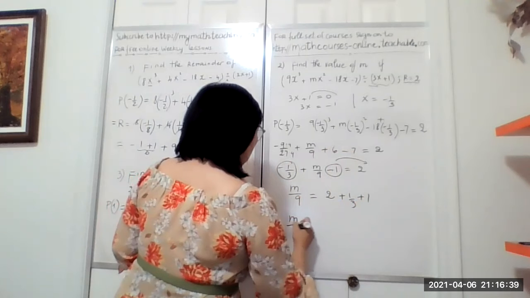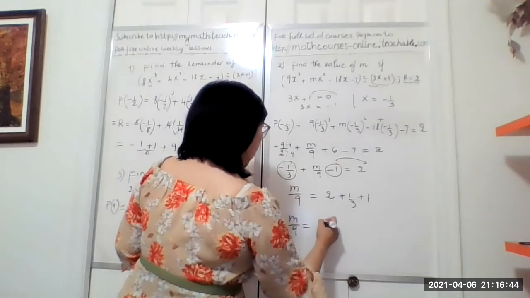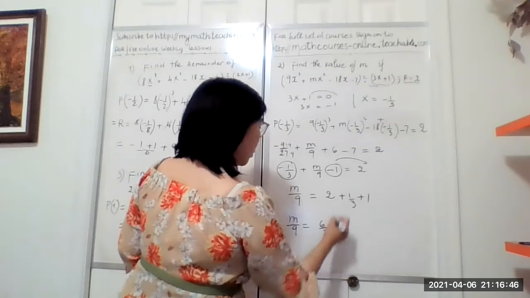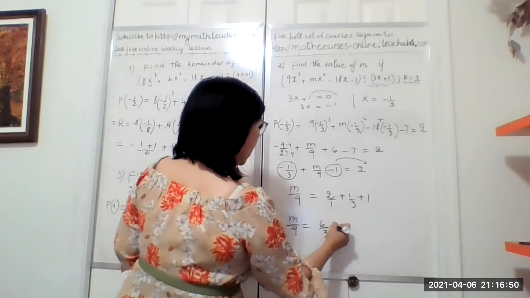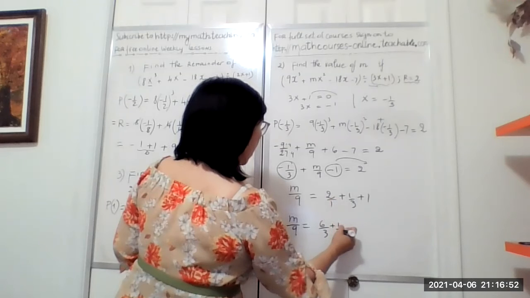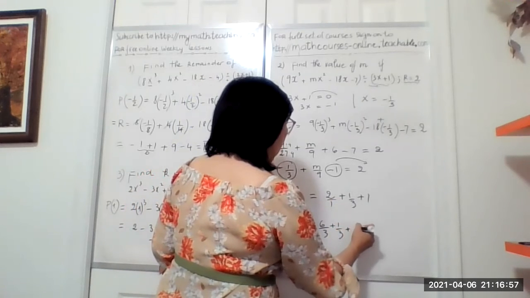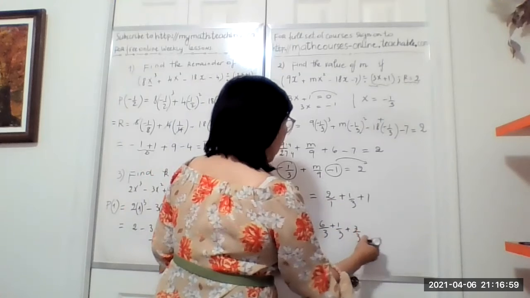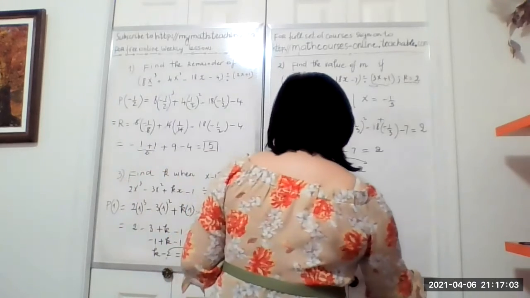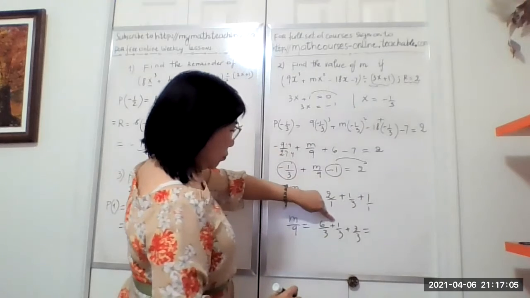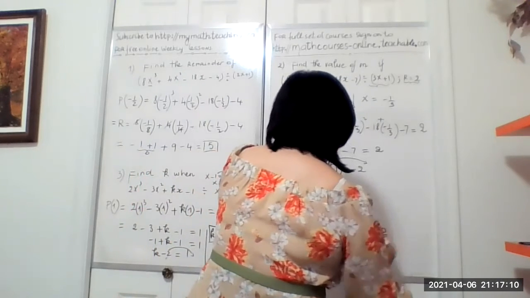So let's do a little bit of common denominator on the right hand side. So this will become 6 over 3, with 3 here at the denominator. And 1 over 3. And add 3 over 3. That's how I do common denominator, which equals 6 plus 1 is 7, 7 plus 3 is 10 over 3.